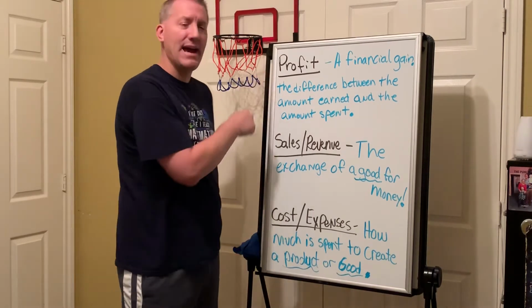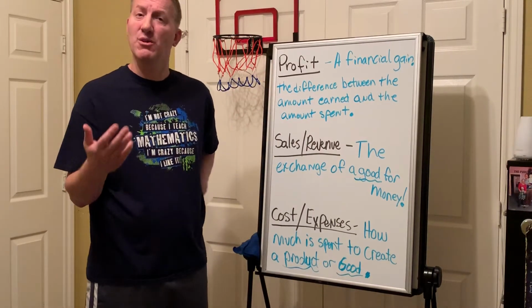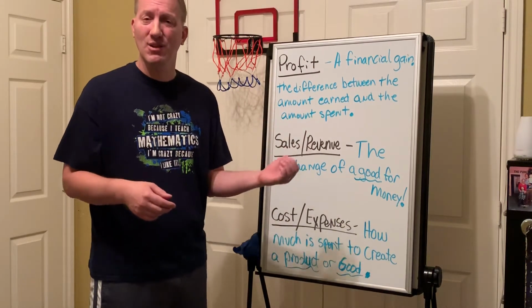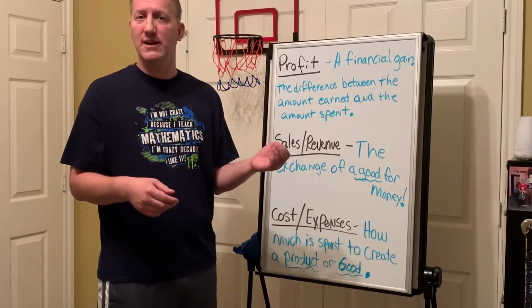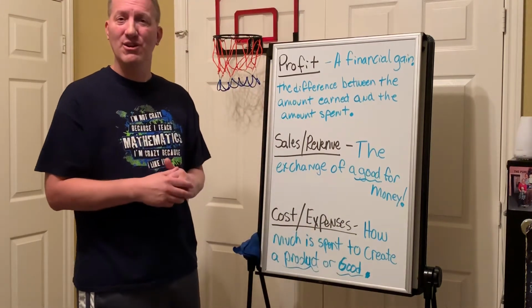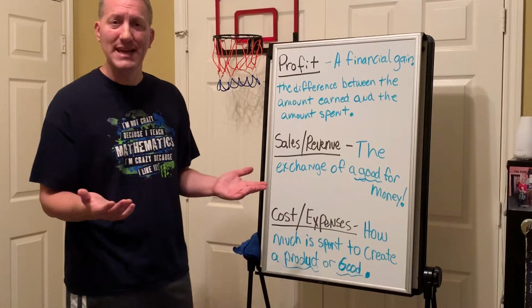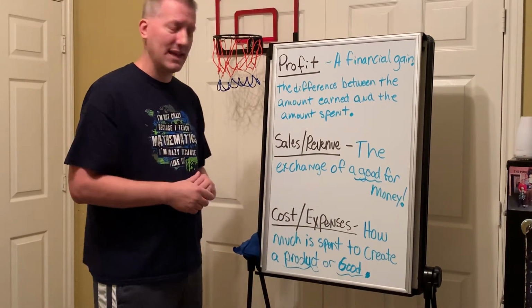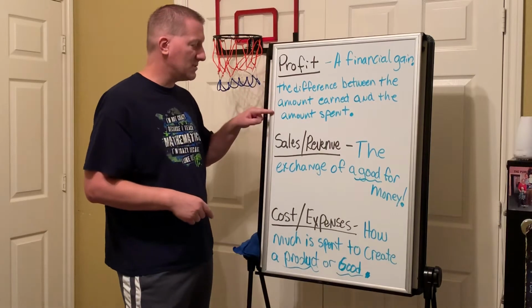They have to find their profit so they know what price to sell the clothing or food product at, because they don't want to sell it below their cost, otherwise they're not making any profit. We'll talk about that later.